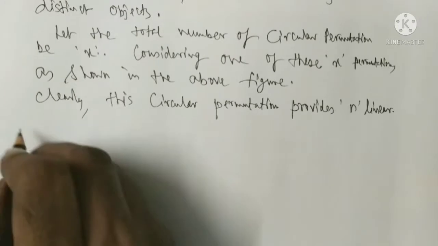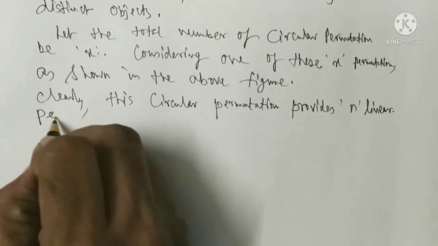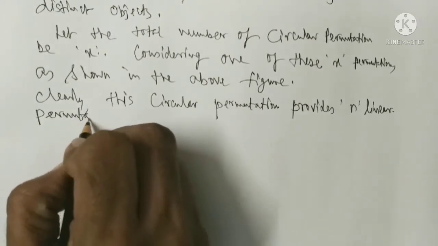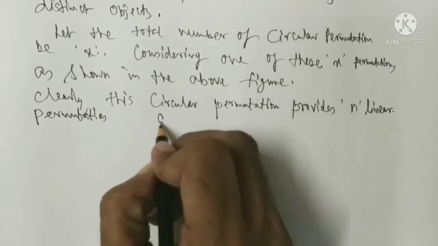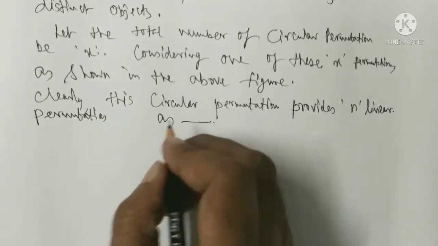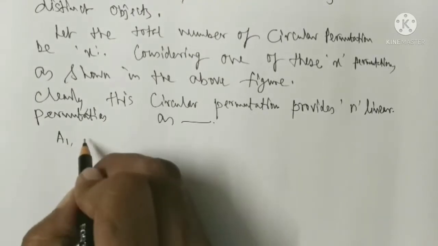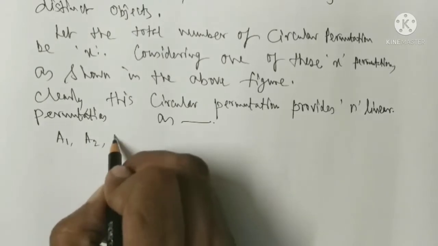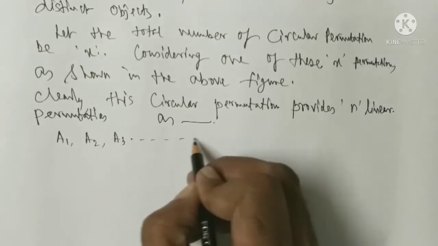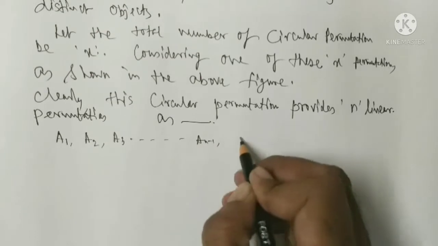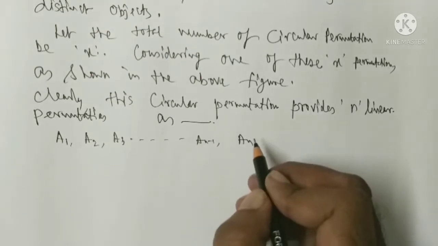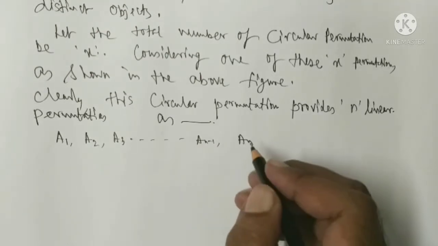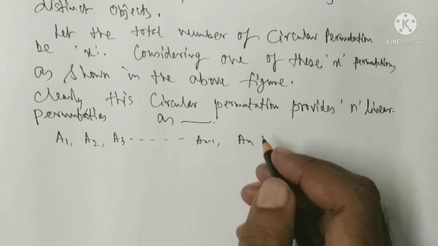Linear permutation as A1, A2, A3, An minus 1, An. This is starting from A1.